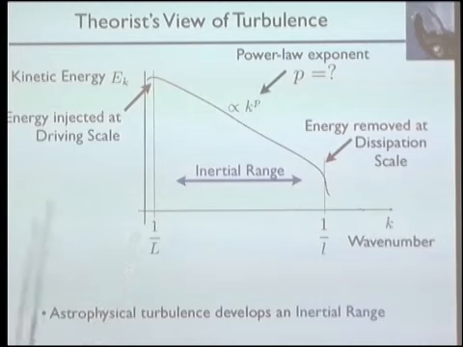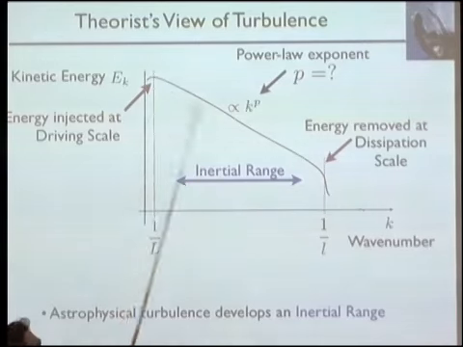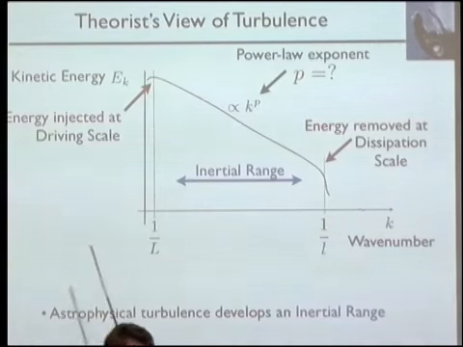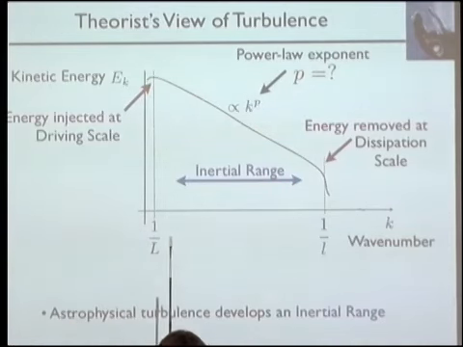So I'm going to go slowly because we're going to use analogies later. A typical thing we might want to understand is what is the power law exponent of the energy versus wave number if you were to measure, simulate, or try to predict these kinds of spectra.